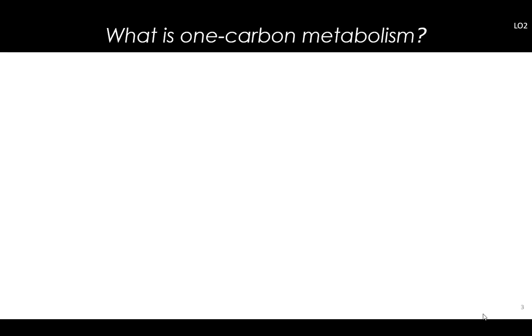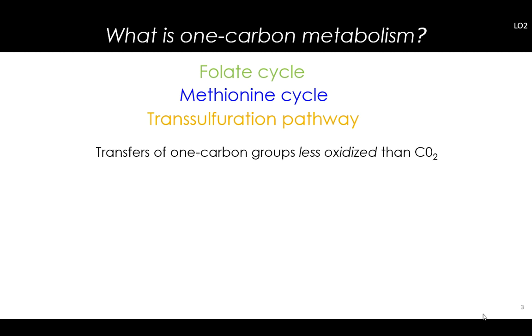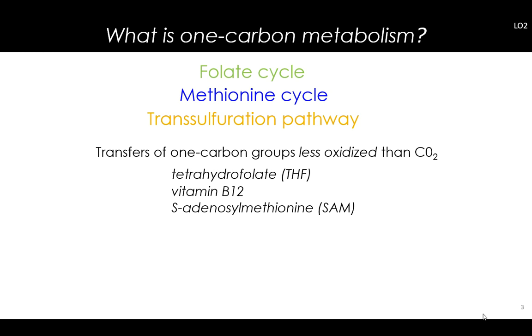What is 1-carbon metabolism? 1-carbon metabolism is a series of interlinking metabolic reactions that include the folate and methionine cycles and the transsulfuration pathway. 1-carbon groups less oxidized than carbon dioxide are transferred between compounds by reactions involving tetrahydrofolate, vitamin B12, and S-adenosylmethionine.